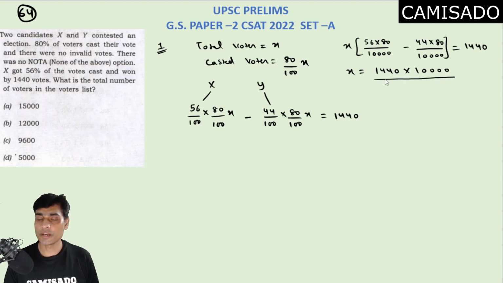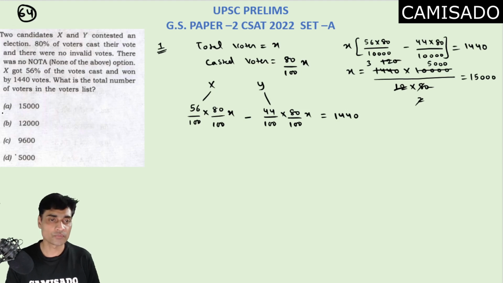Now 56 minus 44 is 12 into 80. You can use your calculation. It's 120 here, 0 to 0 cancel, 4 to the 8, 3, it's 15000. So the answer is 15,000 votes. It will be the right answer.